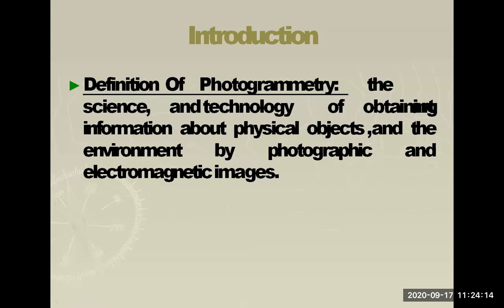If we all are sitting in the class, we all are the physical objects. Our teacher teaching in the class, that is the physical object. So it is the science and technology of obtaining information of physical object and environment. Environment means other related things in our classroom. Suppose by photographic and electromagnetic images.